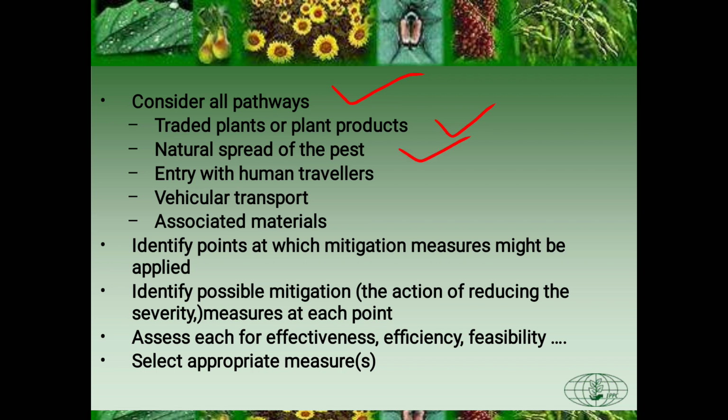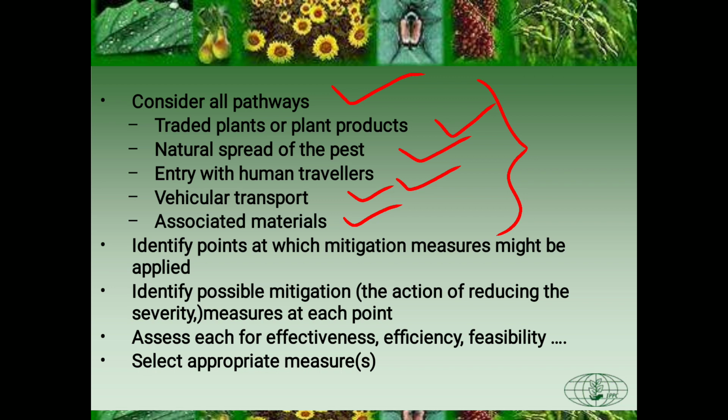Then we discuss whether natural spread of the pest is there or not, whether the pest is introduced through natural means, or through human travelers, through vehicle transport or associated material, or planting material. We have to consider all those points while implementing that particular control measure.